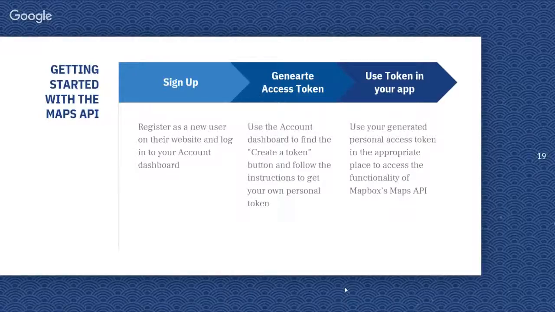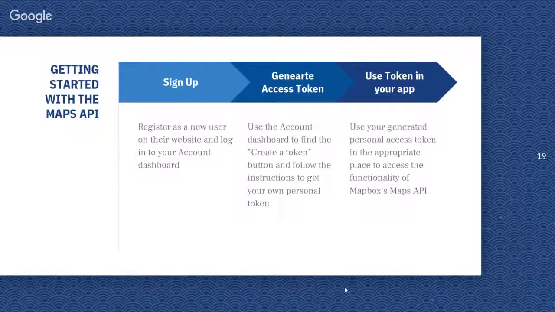So when you send a request over to their servers, if this token is recognized, you get the desired content. If not, Mapbox returns an error, and that's essentially it. There's no map.